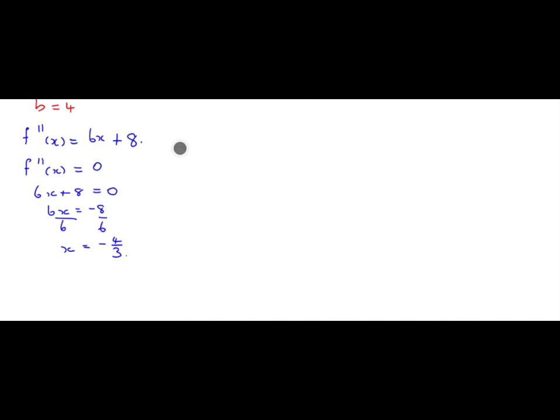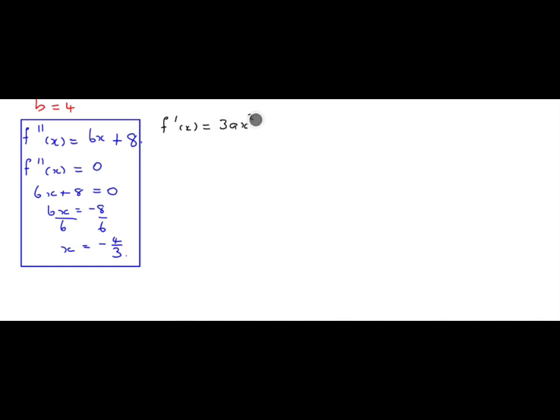Now I know that if I am to find the second derivative of a given function, which will be 3ax squared plus 2bx plus c, the second derivative of this is 6ax plus 2b.